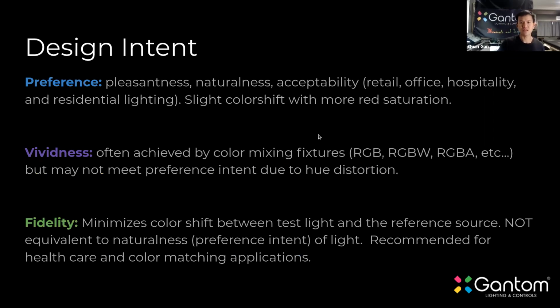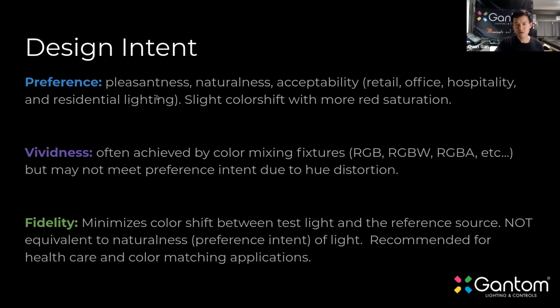And this preference is preference of the user. When somebody actually looks at this light and the objects it illuminates, we want to give a high preference if you care about how pleasant it is to the user, the naturalness, and the acceptability to the user. So this is actually going to be used primarily in retail, office, hospitality, and residential. So many of your applications actually.